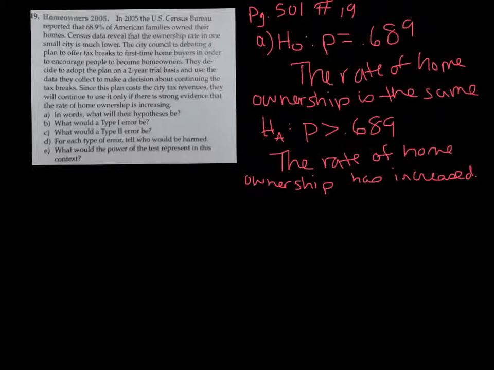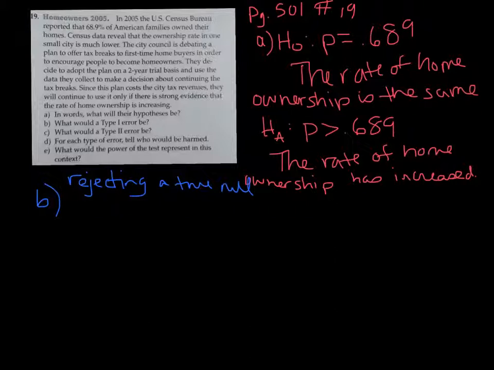So that's part A. For part B, they ask you, what will a type 1 error be? If you remember, a type 1 error would be rejecting a true null hypothesis. The best way to approach these type of problems is think about what it means when you reject a hypothesis and what it means when the null hypothesis is true.